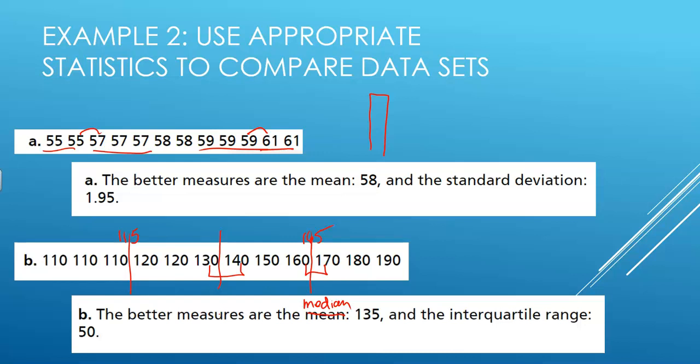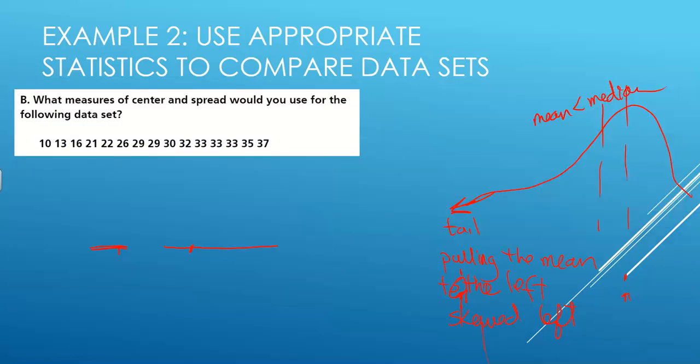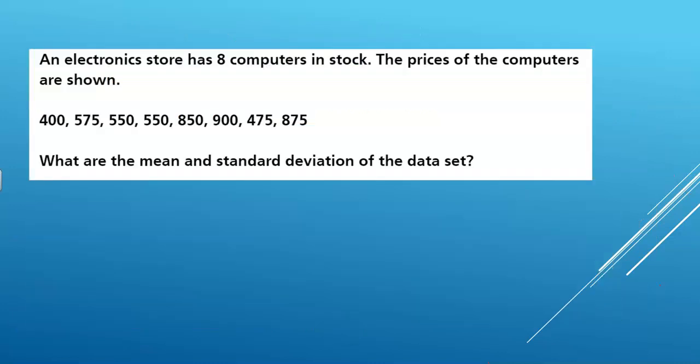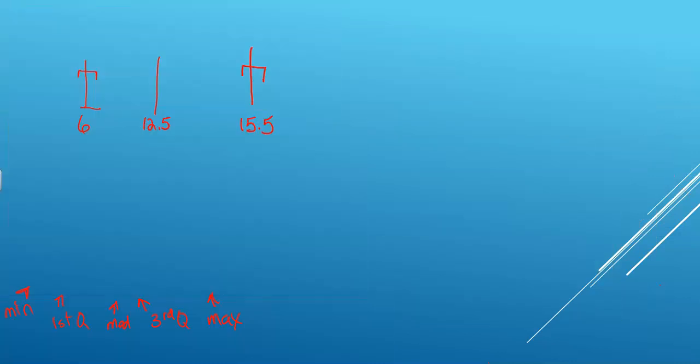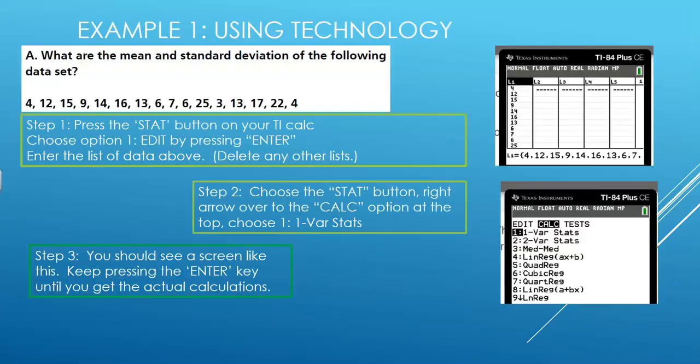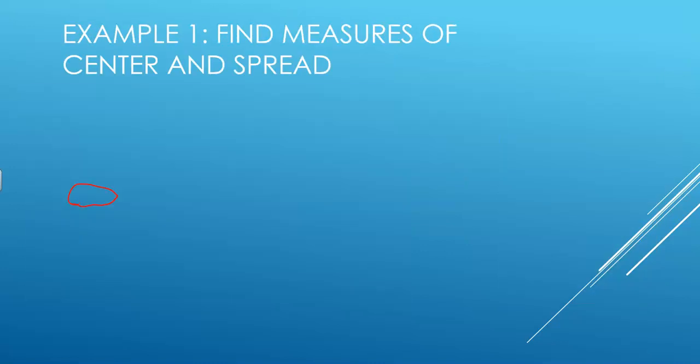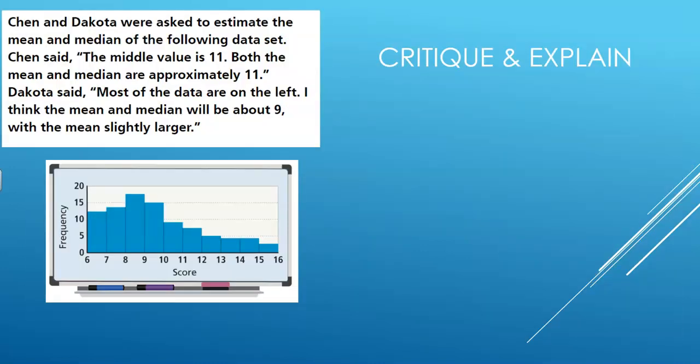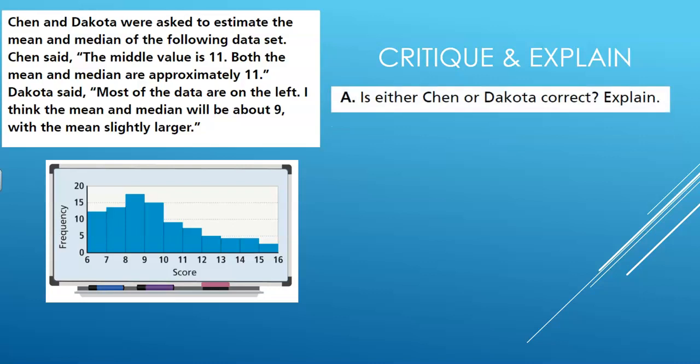So now if you think about it, I should have put this in here. Sorry, I'm going to do it the old-fashioned way. Back it up. Okay. Now look at this. What kind of distribution do you think this is? Skewed right, isn't it? So it's pulling the mean away from the median.